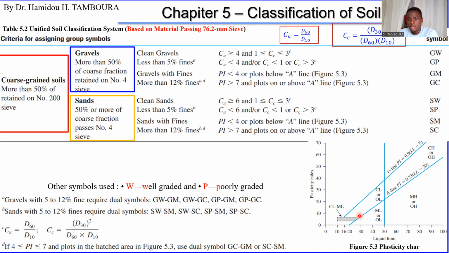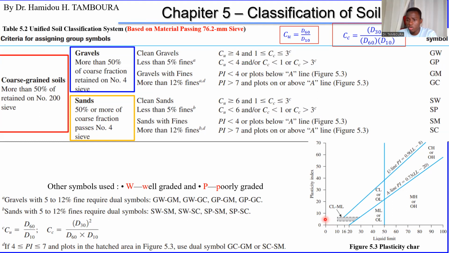In that case, it means you have GM. G means gravel, M means silt. It means there is some silt mixed with your gravel.